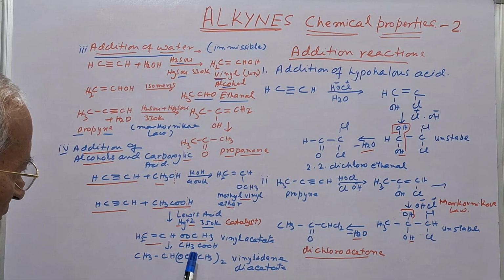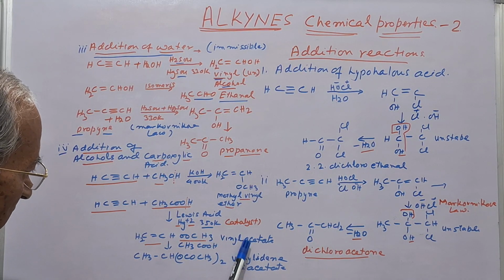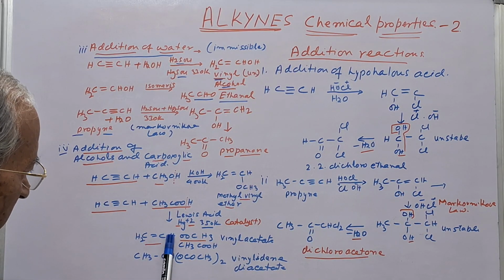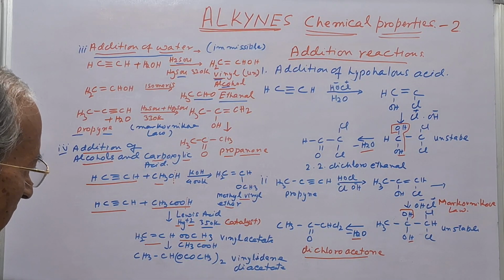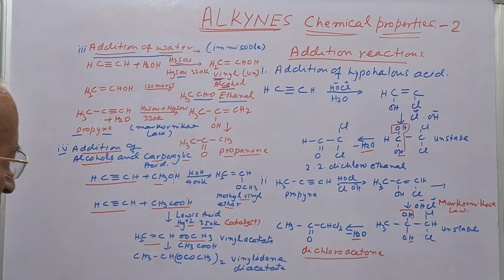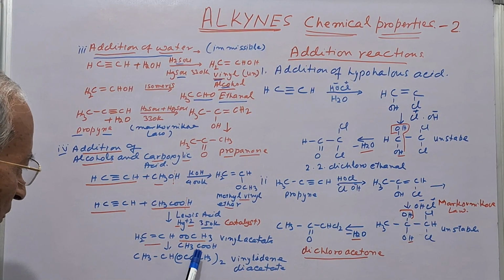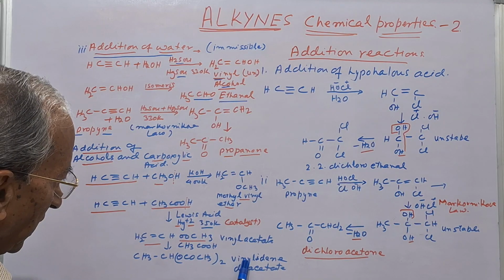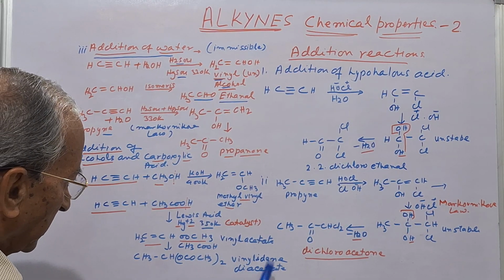In the first step, it forms vinyl acetate, that is CH2=CHOOCCH3, and again one more molecule of acetic acid acts, and it forms vinylidene diacetate.